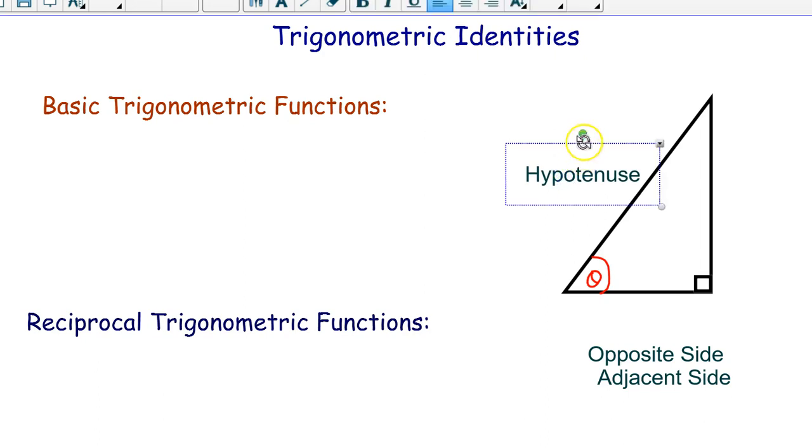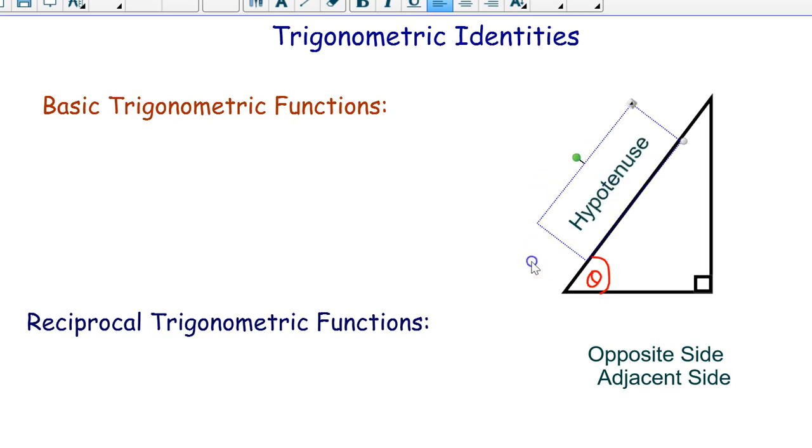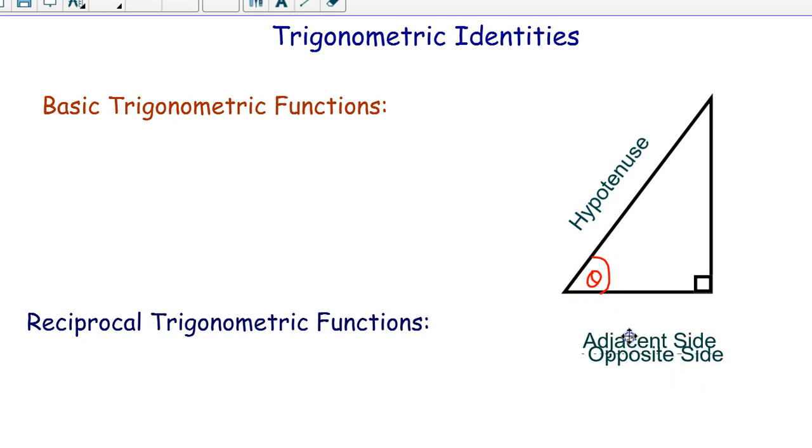With reference to that angle, you have the hypotenuse, which is always the longest side in a right angle triangle, and it is opposite to this 90 degrees. Now this angle theta is formed by two sides. Out of those two sides, one side is already identified as the hypotenuse, so the other side has to be an adjacent side.